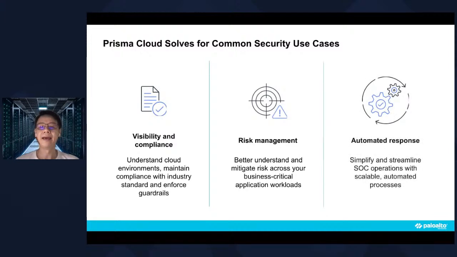And the last one, we provide automated response, or you can call it auto remediation. This will help SOC operations deal with scale, because now you have multiple workloads, but don't expect that an organization will have a large security team to help you operate. Automation helps with this kind of issue in Prisma Cloud.